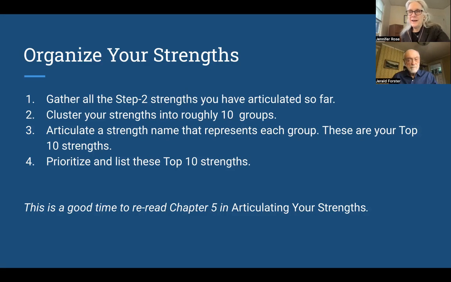I had strengths on Word documents, in little booklets, on my phone, on pieces of paper. And I was lucky if I could find them. So I gathered them, I hunted and searched, and I gathered them all into one place when I was ready to create my top 10 list.